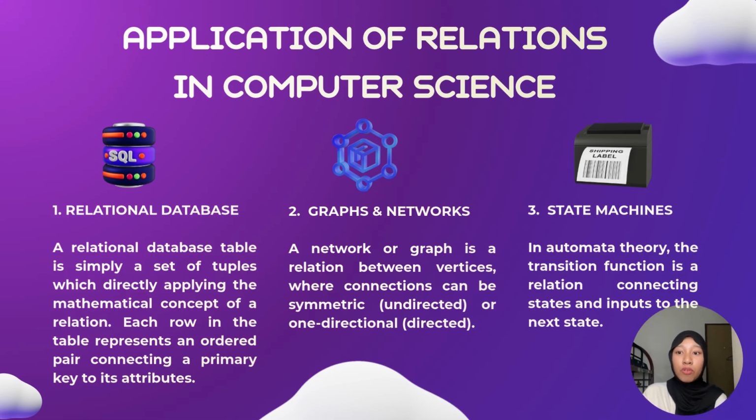In automata theory, the transition function is a relation connecting states and input to the next state. Every time an app changes from one screen to another based on your input, a state machine relation is being applied. These three examples show that relations are not just an abstract mathematical concept, but they are the foundation of how data is stored, connected, and processed in real computer science.